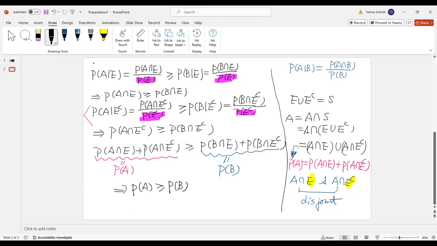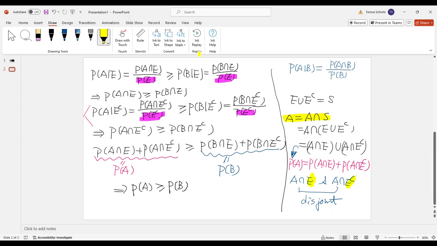It's a pretty simple proof, but I think it's a good problem because we go back to several fundamental steps and definitions. We know the definition of conditional probability. We also need to know that a set union its complement is the sample space, and any set intersect the sample space is itself. That's the key concept.